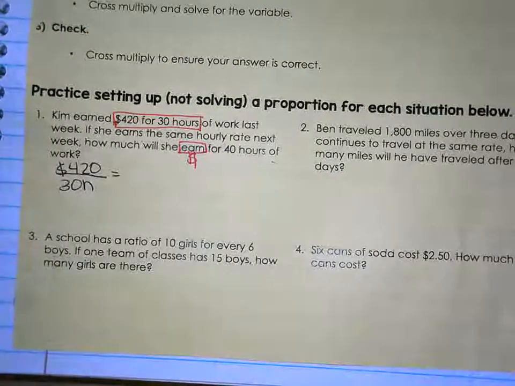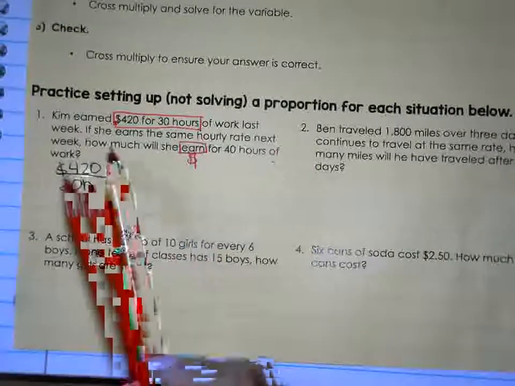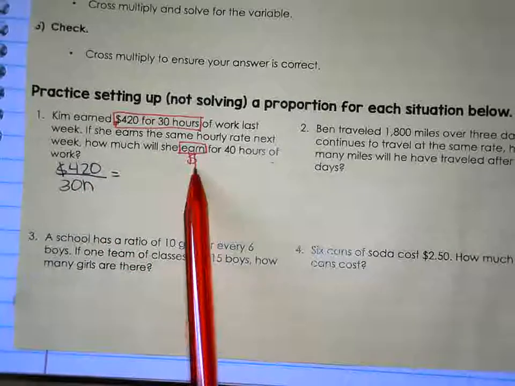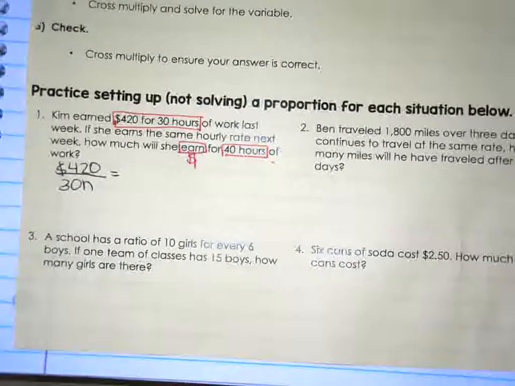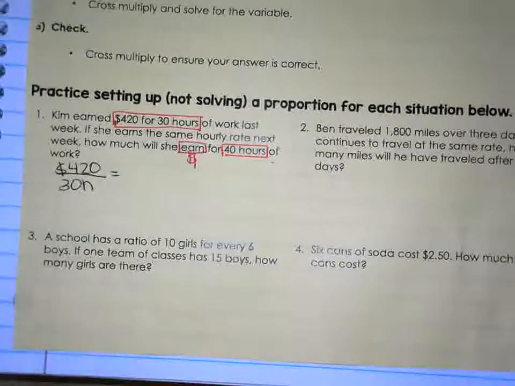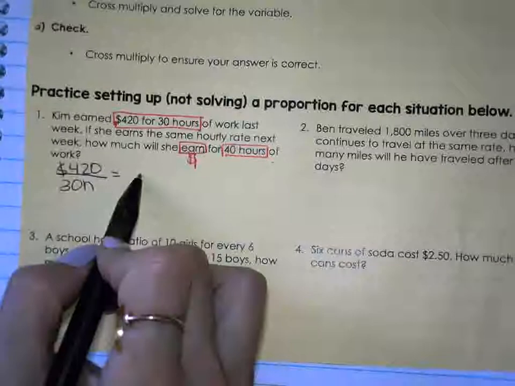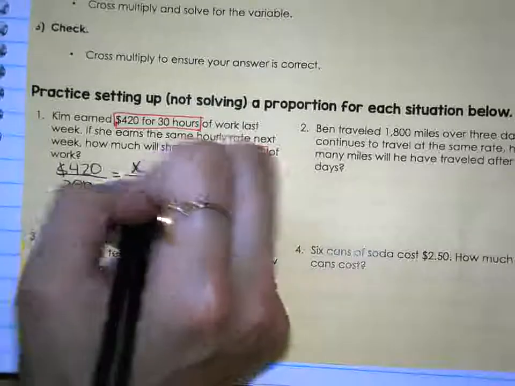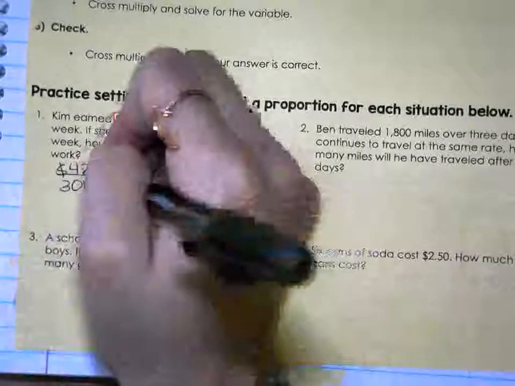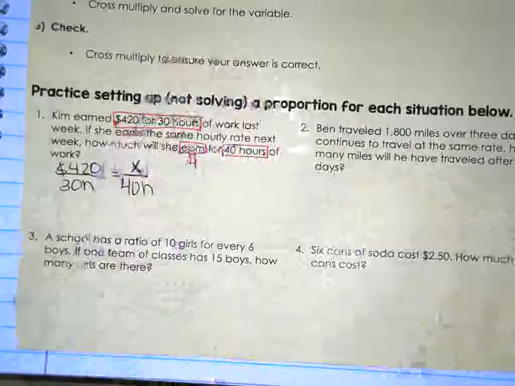It then tells me that how much will she earn, I want to know money, for 40 hours. So in this case, I now have money that I don't know and 40 hours. Well, if I don't know my money, money always goes on top. So I'm going to put a variable there, just X is fine, and 40 hours goes on bottom.